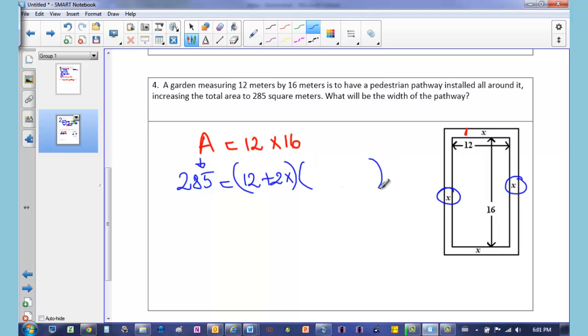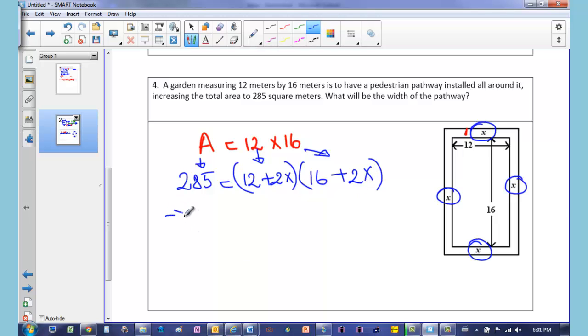Let's think about the length or the height. It was 16 meters before, so the 12 transformed. Now it's time to transform the length as well. 16 meters, and I'm adding again 1x on the top and 1x on the bottom. So 16 plus 2x.